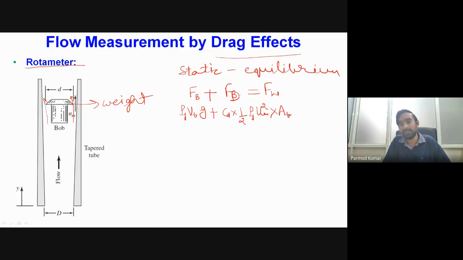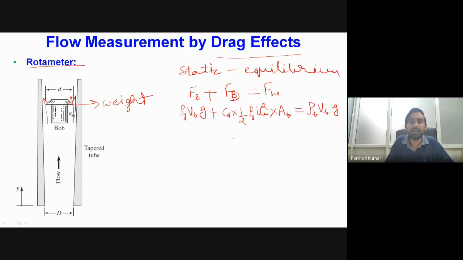Okay, so this drag force and the buoyancy force will be equal to our weight. So weight will be rho b times Vb times g, where rho b refers to the density of the floating object multiplied by its volume multiplied by gravity.